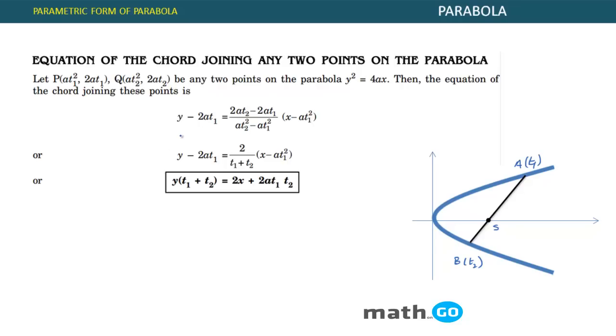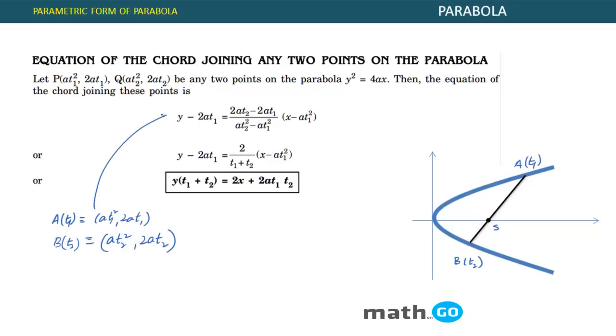So how do you find the equation of the chord? I can say that A, if it is t1, right? I have assumed it to be t1. So this point will be at1 square comma 2at1. And similarly B, if I have written it to be t2, this point will become at2 square comma 2at2. So now you know two points, you can easily find the equation of a line, any line.